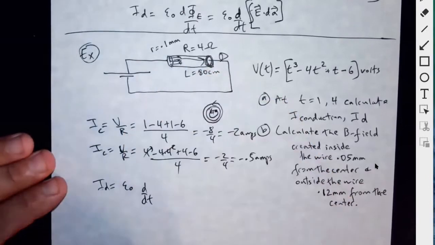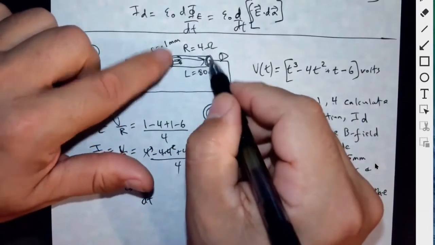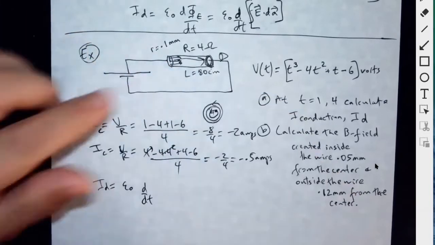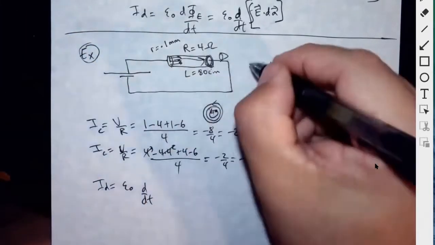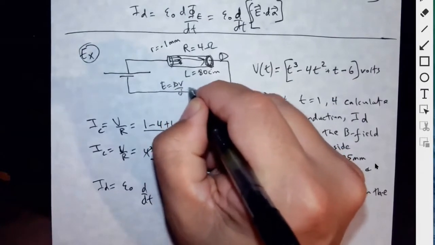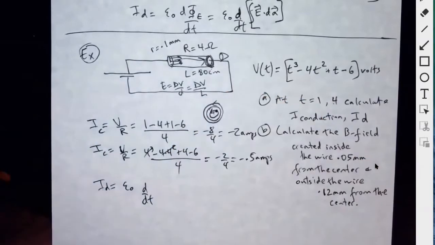It's just going to be uniform, and it's equal to the voltage difference across the wire divided by the length of the wire. So V over L, right? Remember, electric field is delta V over the distance. So it's the delta V over L. And delta V is this, you see.